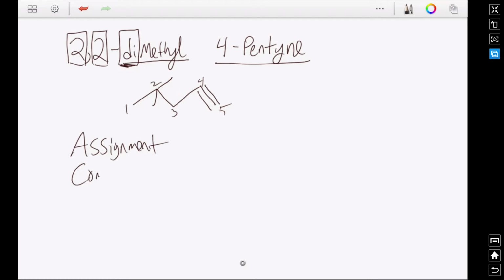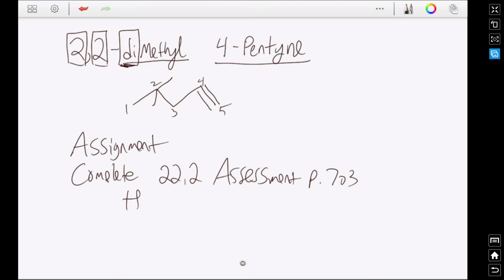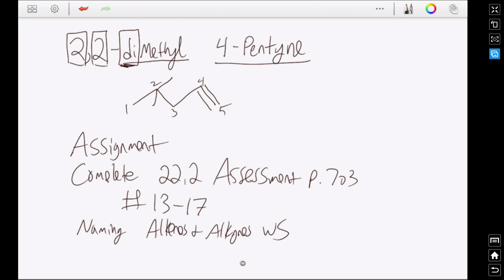Complete the 22.2 assessment on page 703, numbers 13 to 17, and the naming alkenes and alkynes worksheet. Good luck. And if you guys need any help, you know how to contact me.